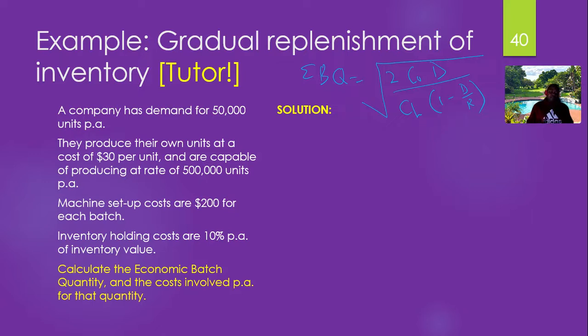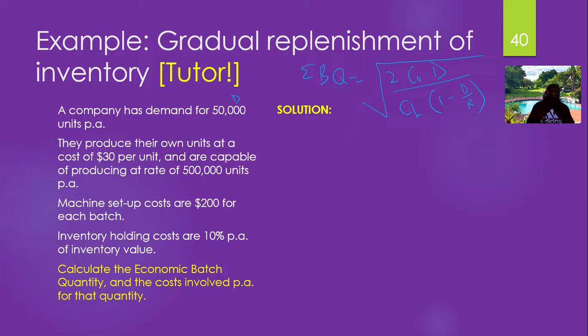Okay, so let's read. A company's demand is 50,000. So you can see that our D has been found. This is our D. They produce their own units at a cost of $30 per unit. The cost of making the unit has been found, $30.